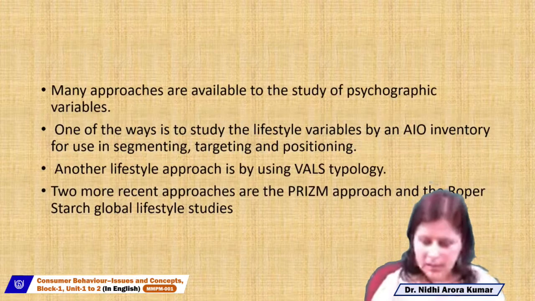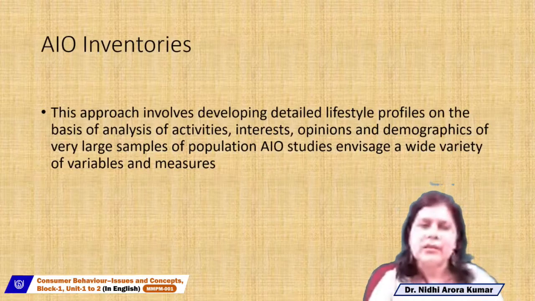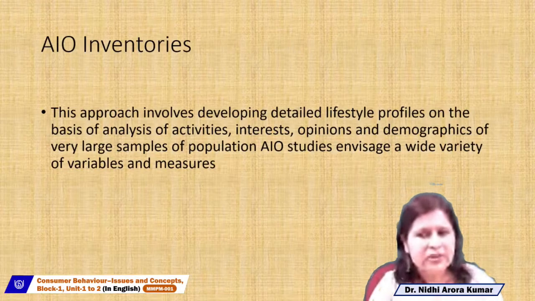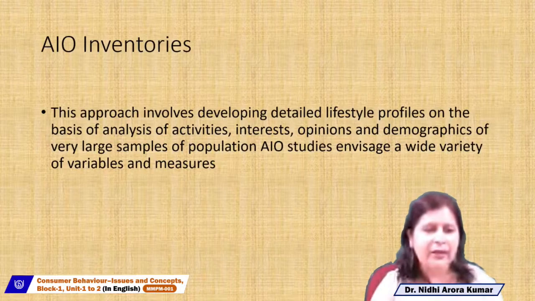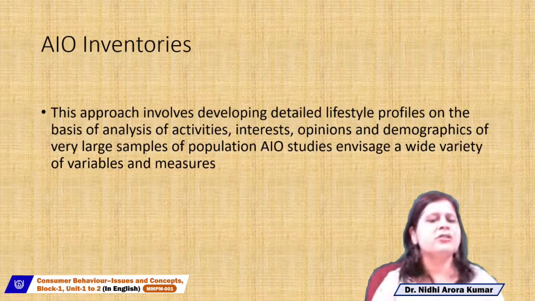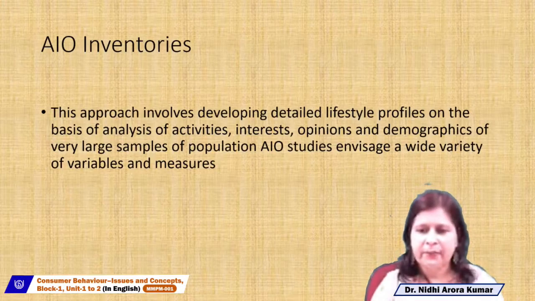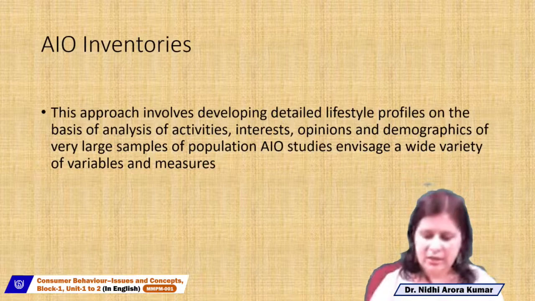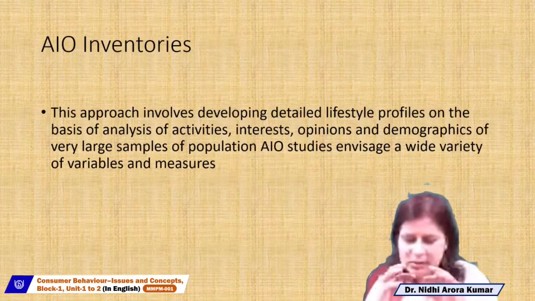AIO. Let's take it one by one. AIO approach or AIO inventories. This approach involves developing a detailed lifestyle profile on the basis of analysis of activities, interests, and opinions and demographics of a very large size sample of population. AIO studies a wide variety of variables and measures, right? So AIO is a short form of what?